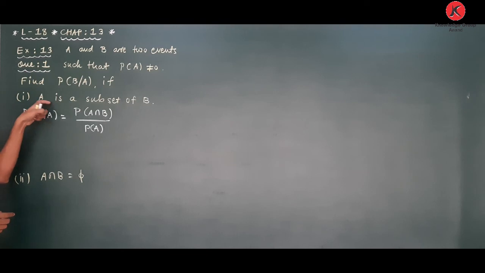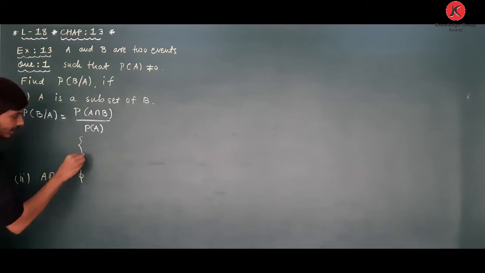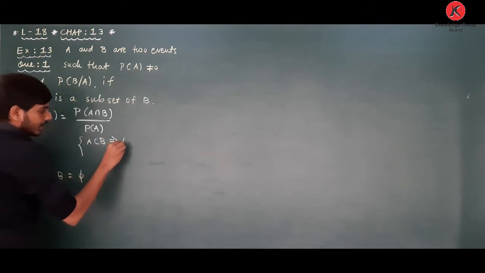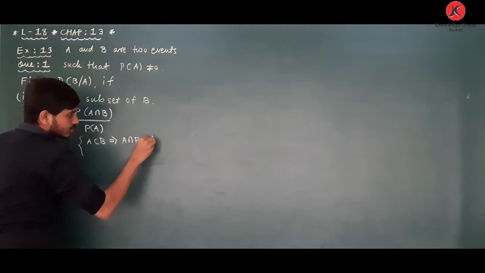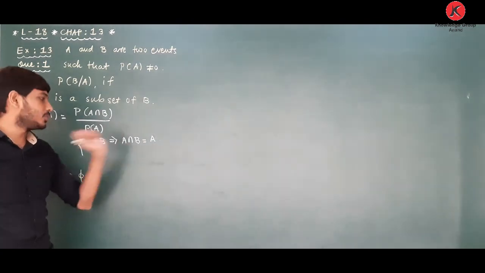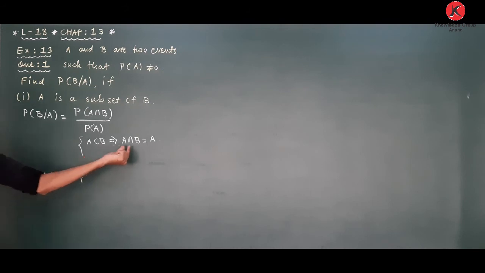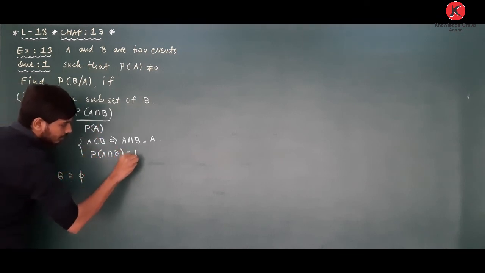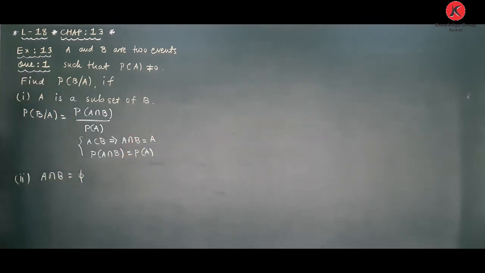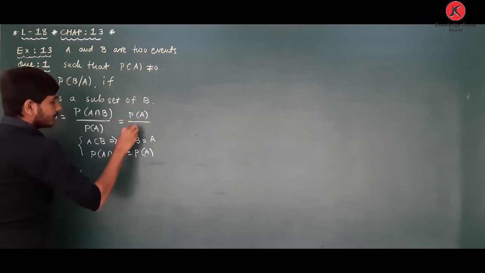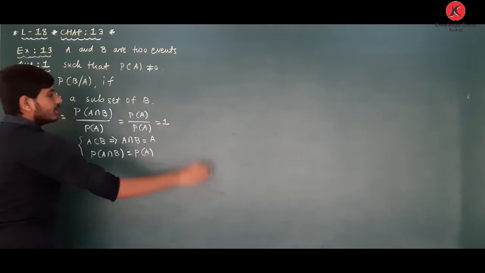Now, the condition given is A is a subset of B, which means A intersection B equals A. All elements of A are in B, so their intersection is also A. Using this, probability of A intersection B equals probability of A. Putting this value here, we get probability of A divided by probability of A, so the answer will be 1.